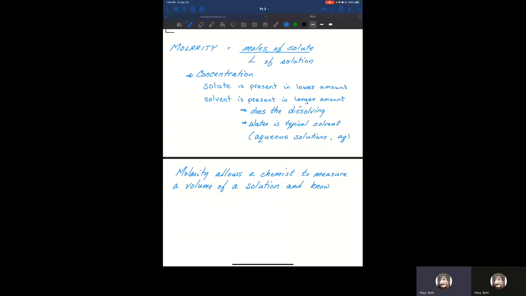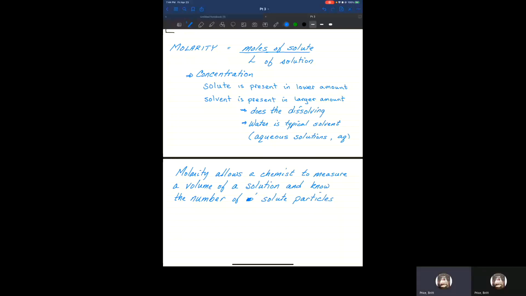So we can measure the volume of a solution and know the number of solute particles.